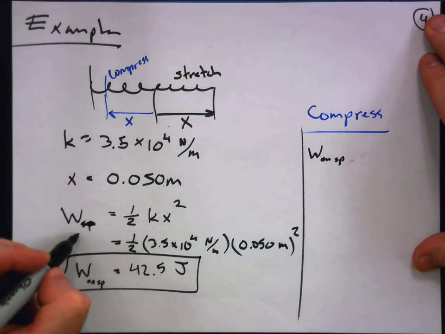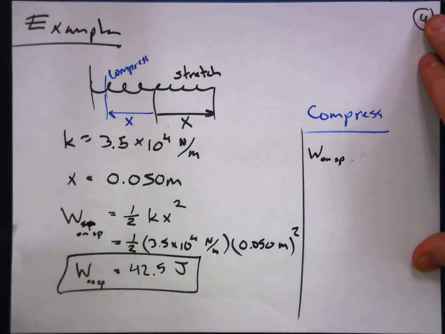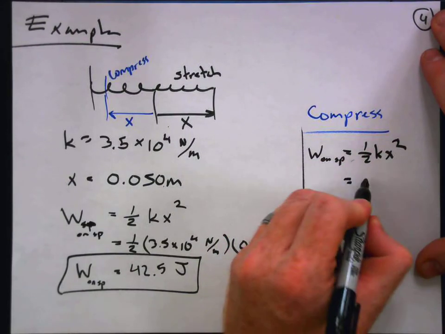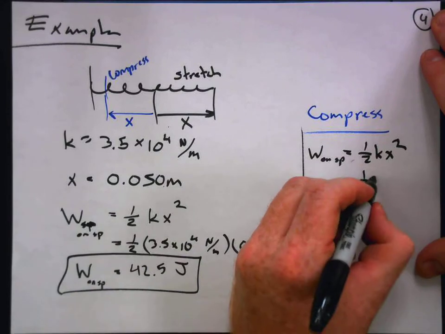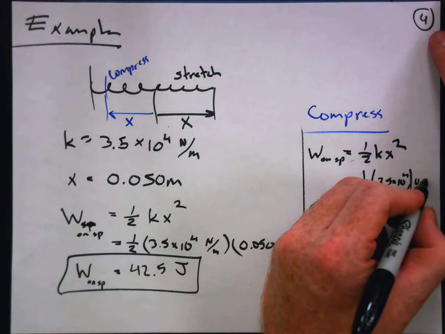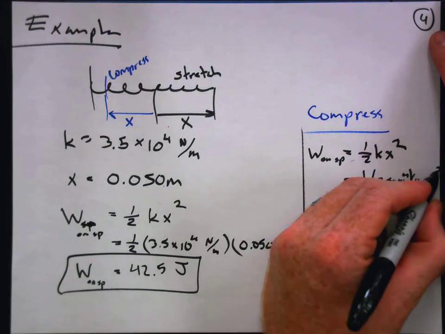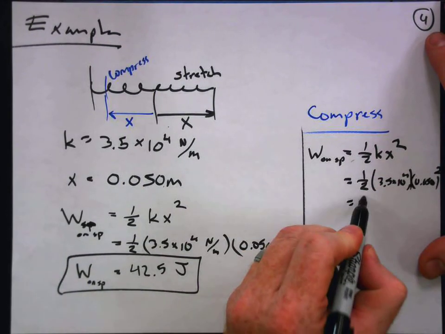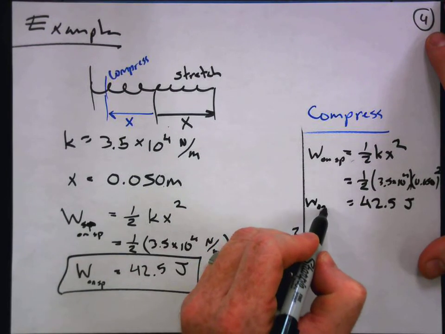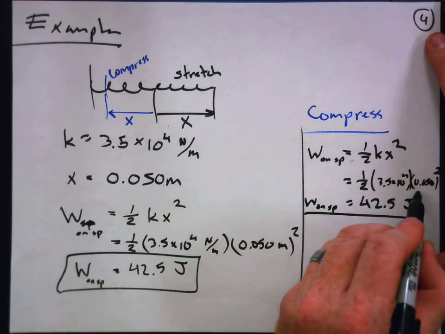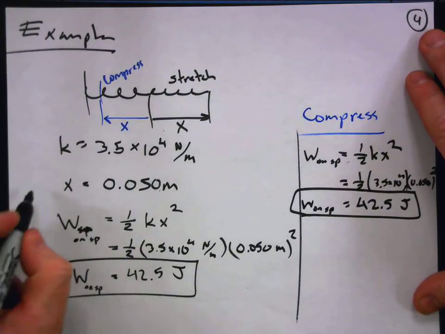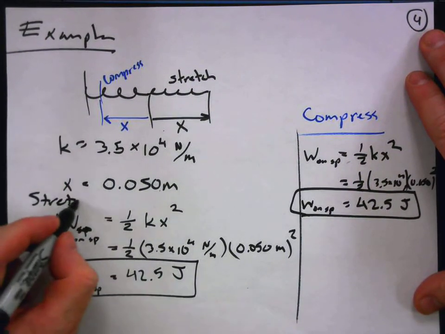This should say on the spring, not by the spring, but work on the spring. 1/2 kx squared. 1/2, same k, same x, 0.050. I'm going to squeeze it in, I promise. Squared, don't forget that exponent. You end up with the same answer. Work done on the spring to compress it is the same amount of work as it was to stretch it. Here's our stretched situation.